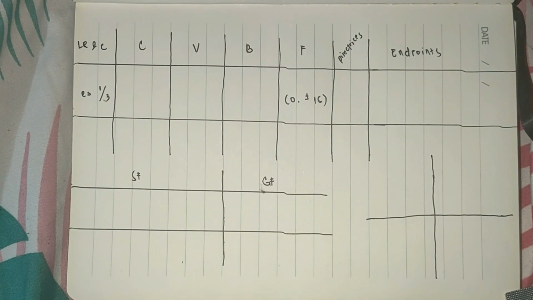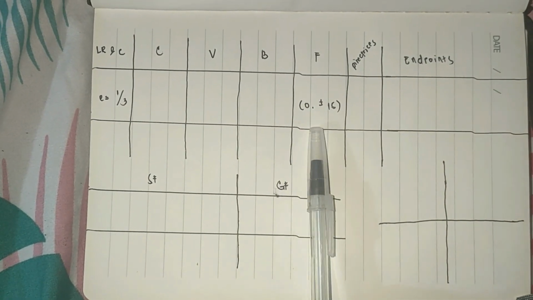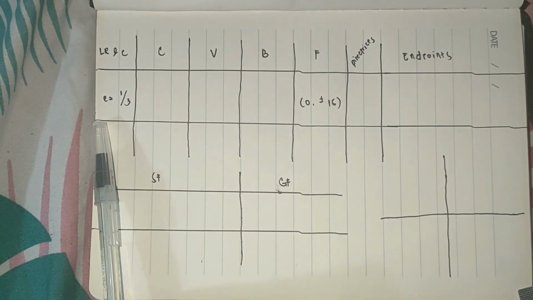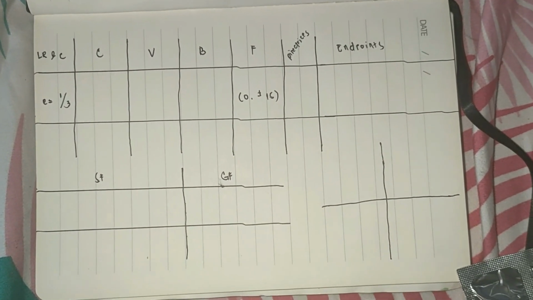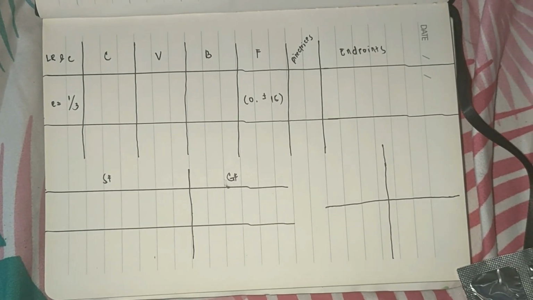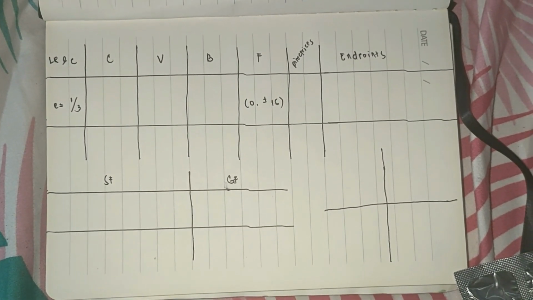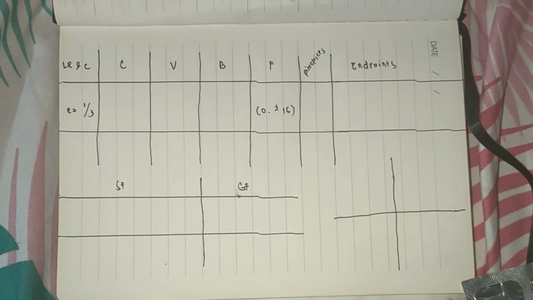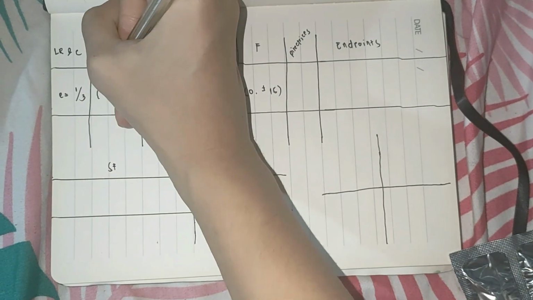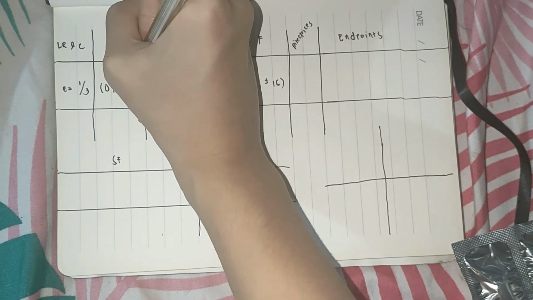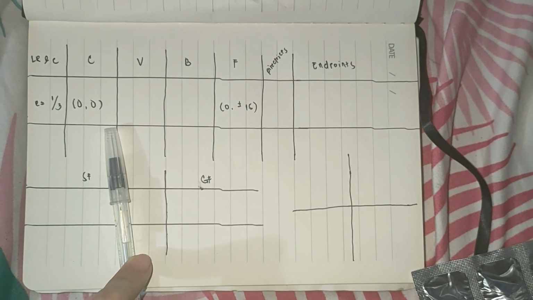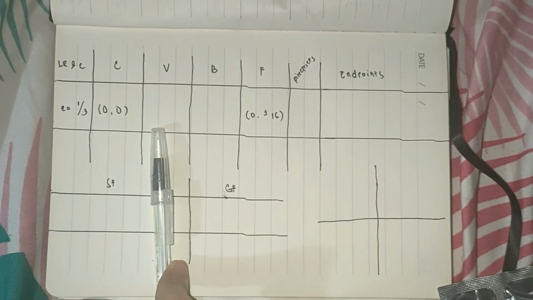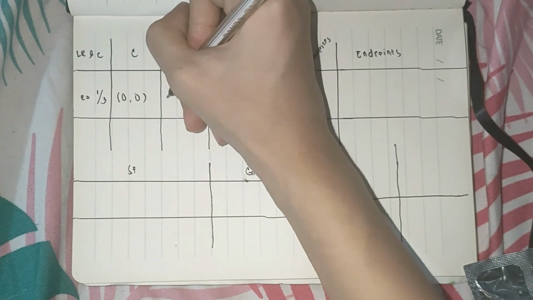Sa number 2 sa table, given ang focus at ang locus. Kung gagamitin ang given para i-solve gamit ang mga formula, makukuha na ang center ay naka-plot sa 0, 0. Ang vertices ay 0, positive and negative 15.